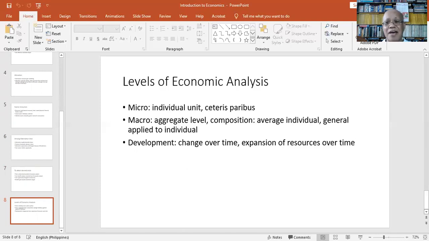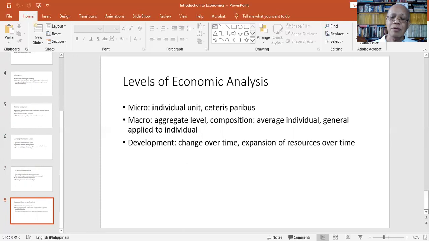Then there would be the average individual firm, where the average individual firm is assumed to be profit maximizing and one who is into the demand for labor and the demand for other forms of factors of production, like capital and the like. And these units interact, and one area that they interact would be in the market by way of the supply and the demand. The demand, which is the summation of the demand of individual units, and supply, which is the summation of the supply coming from individual suppliers.